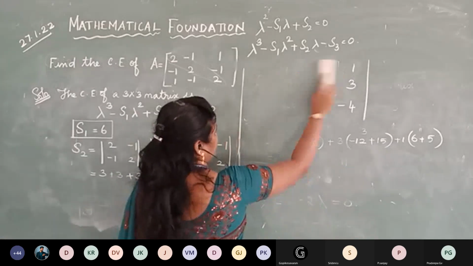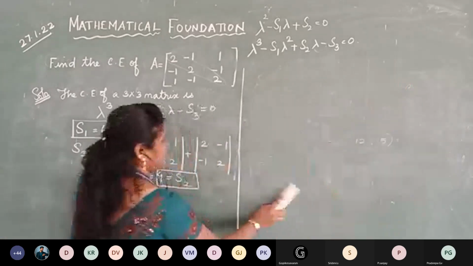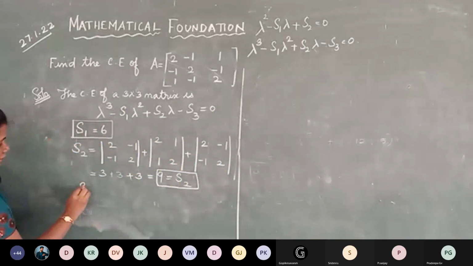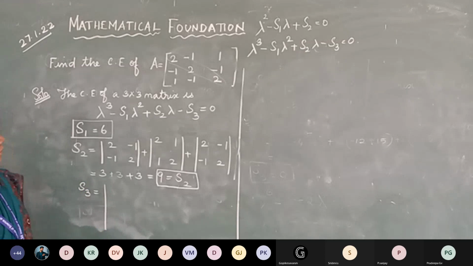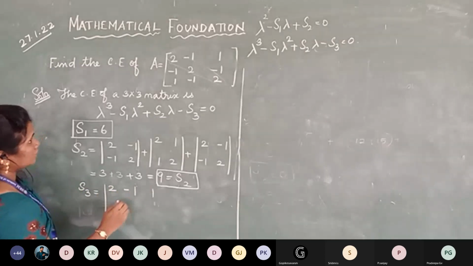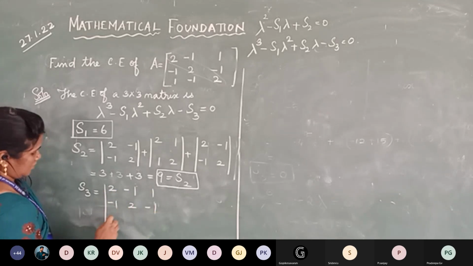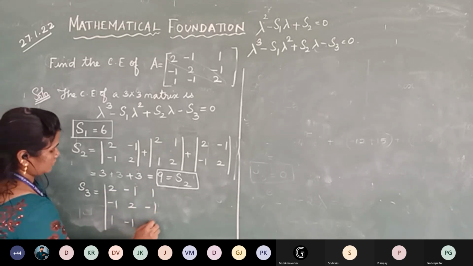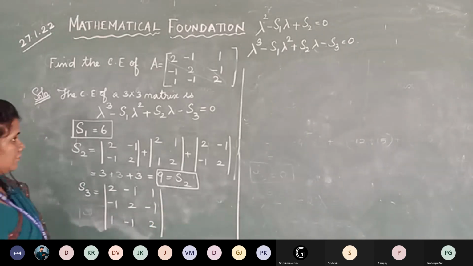Find out your determinant of it, which is your S3. So next we'll have to find out the determinant of A. Your determinant of A, 2, minus 1, 1. Multiply and tell me.